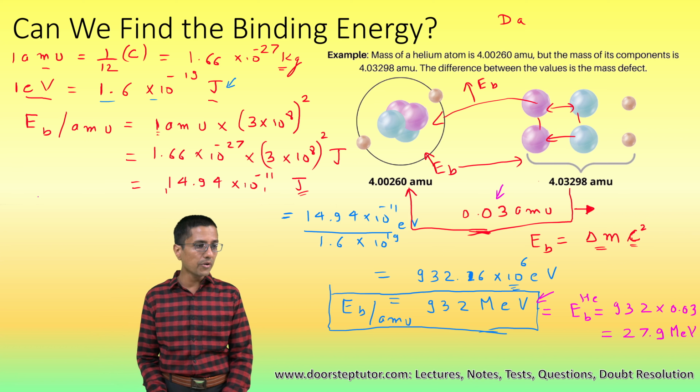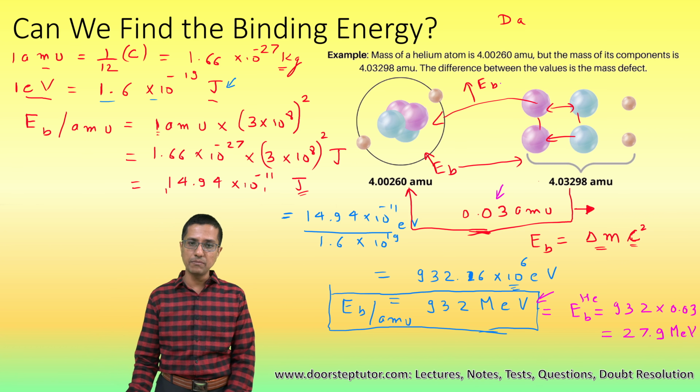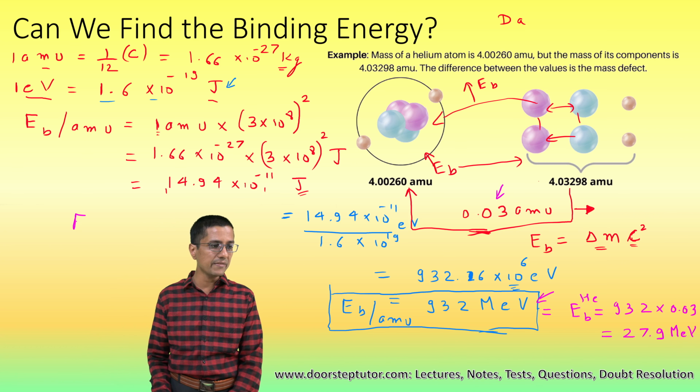If we want to compute for helium the EB per nucleon, notice what I am doing, per nucleon, that is what I want to compute. What would that be? That will be 28 divided by 4, because there are a total of 4 nucleons. That approximately comes out to be 7 mega electron volt.